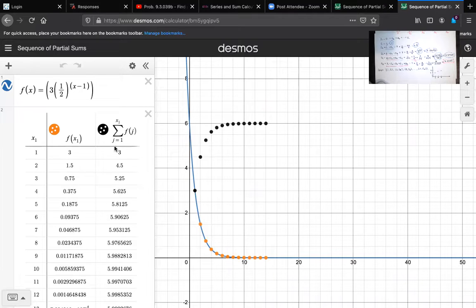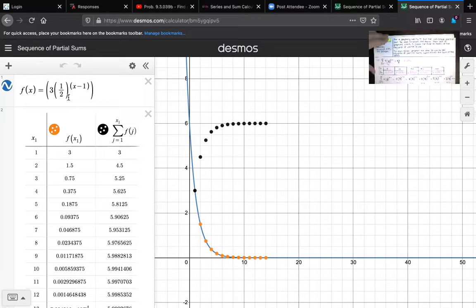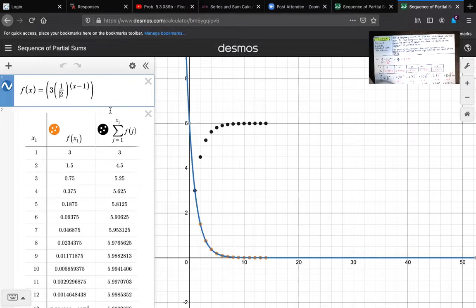Now, this is not the right function. Our nth term of our infinite series is 7 times 1/9 raised to the n minus 1. They have 3 times 1/2 raised to the x minus 1. So we need to change this function.